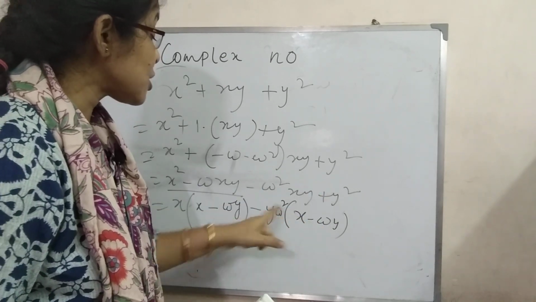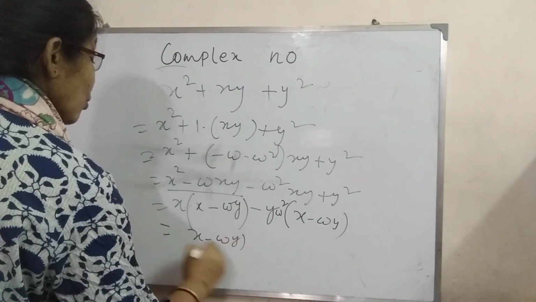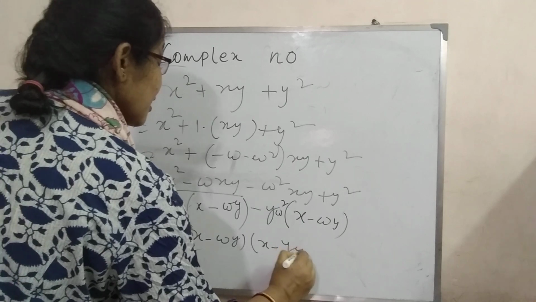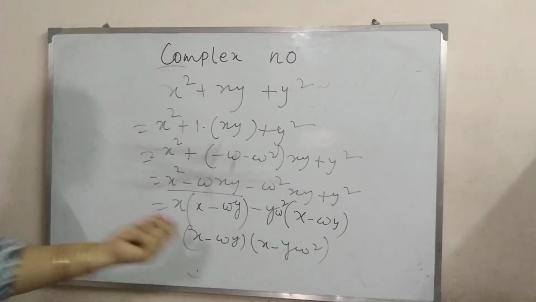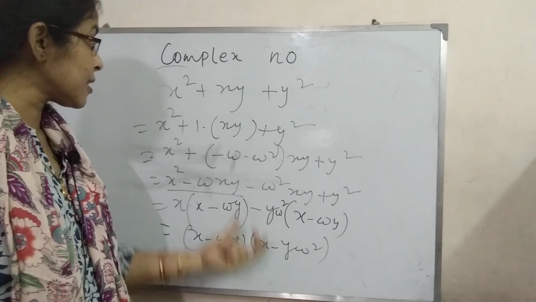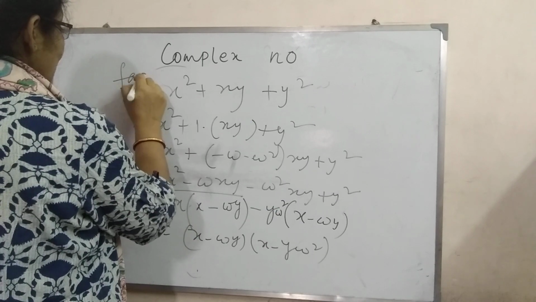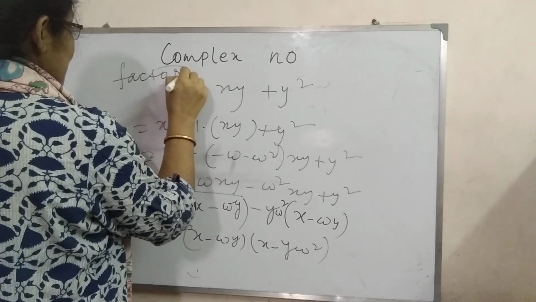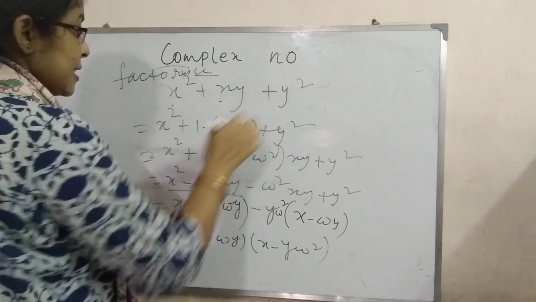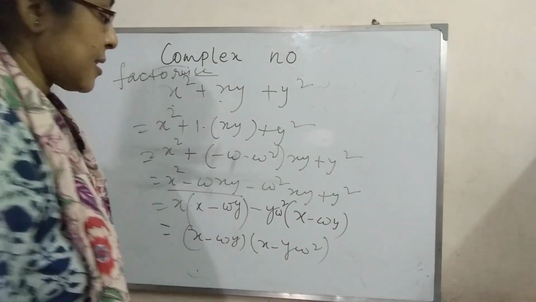That is (x minus omega y) and (x minus omega square y). These are the two factors. If it is a question, factorize x square plus xy plus y square, then I will get these two factors.